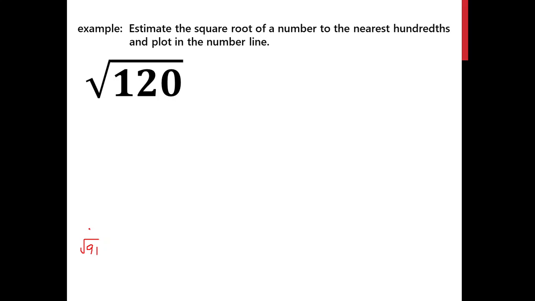So obviously, the square root of 120 is 9 point something. Is it 9? No, that is 100, right? We still have 100 also. So from 100, that is 10, right? So obviously this is 10 point something. So all we need to do is to find the decimal place.